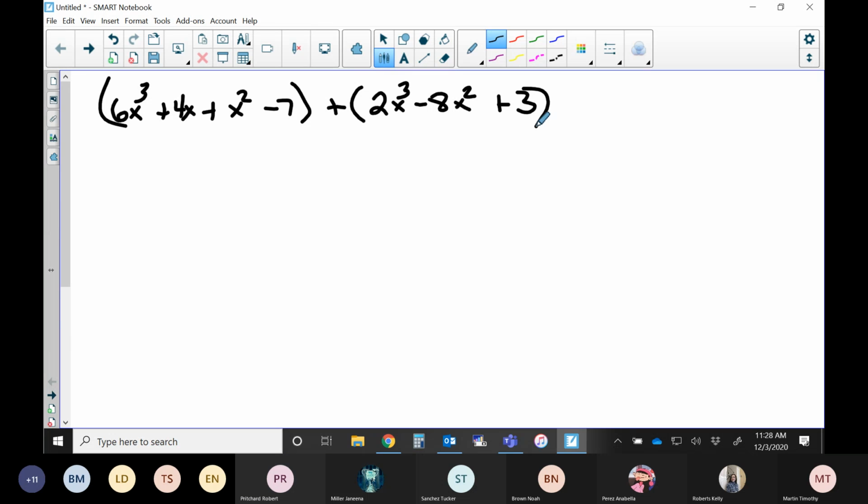No. Why not? There's an addition sign between them. Now, do not get this confused with a multiplication sign in between them. We would handle that completely differently. Because this is an addition sign, I can actually just drop my parentheses.